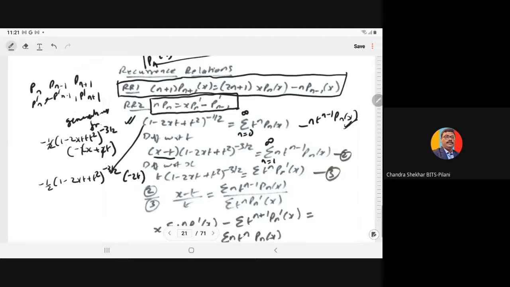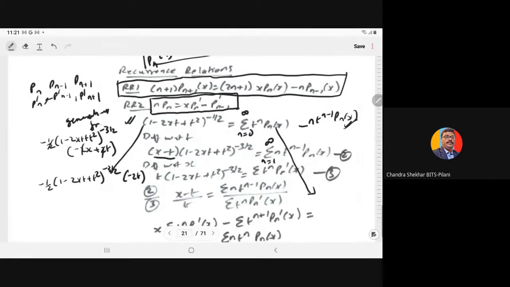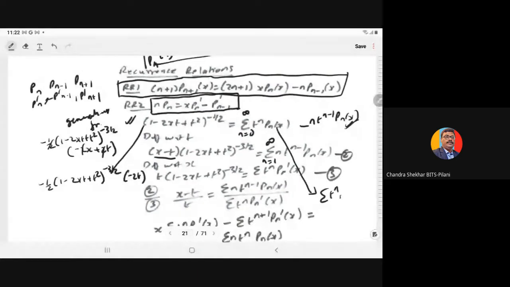And on the right hand side it will give you the summation of t to the power n P_n dash x, because we differentiate with respect to x. So here we have the expression: t into (1 minus 2xt plus t square) to the power minus 3 by 2 is equal to the summation n equal to 0 to infinity of t to the power n P_n dash x.